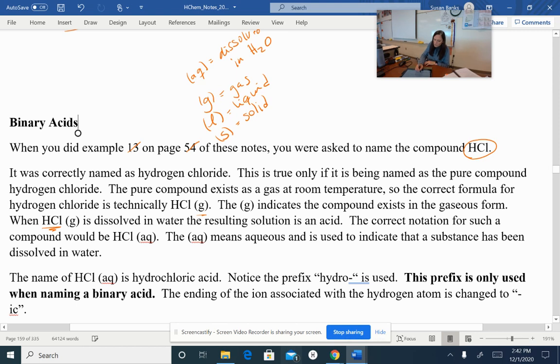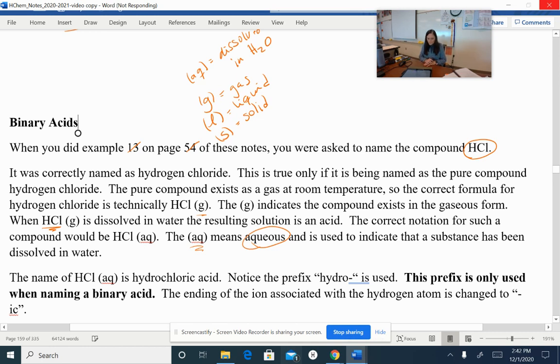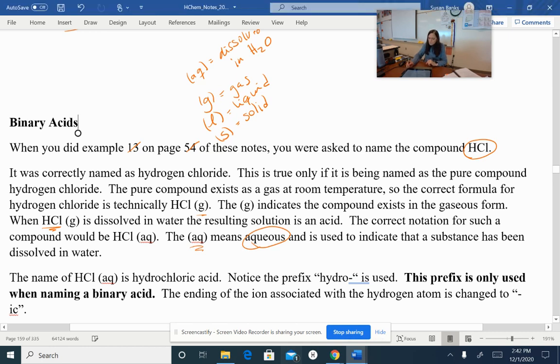So AQ is a fancy way of saying dissolved in water, aqueous, right? In a water solution. So the name of HCl(aq) is hydrochloric acid. Notice the prefix hydro is used. We use hydro in all binary acids.